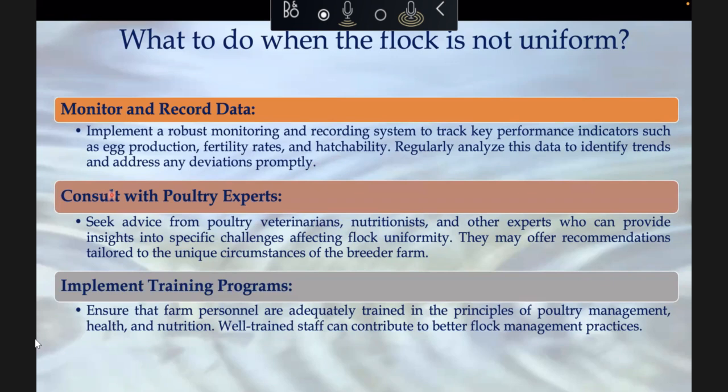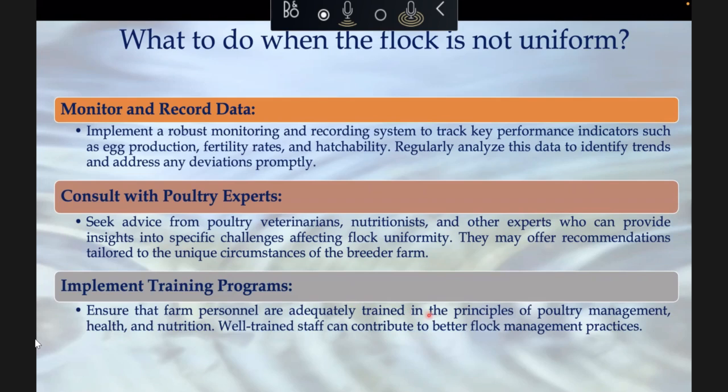And consult with poultry experts. You are going to be the poultry experts in future, so people will consult with you, I think. And implement training programs. Ensure that farm personnel are adequately trained in the principles of poultry management.